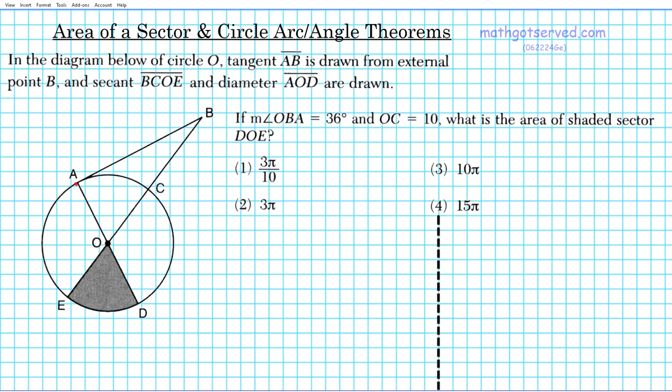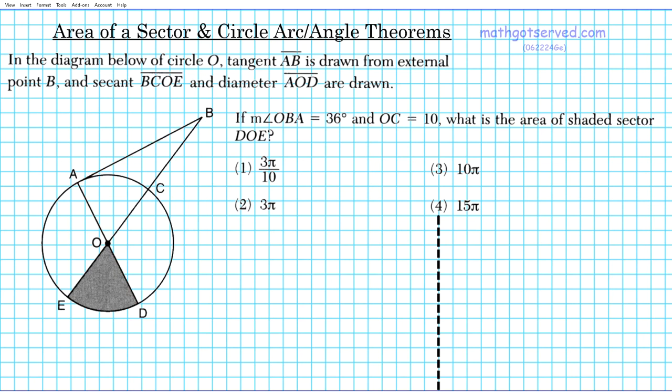Now, if you have a tangent line to a circle and another segment that goes through the point of tangency right through the center of the circle, it could be to the center or through the center. In this case, it goes through. It doesn't make a difference. Guess what? The angle formed is always 90 degrees. So this angle right here is going to be 90 degrees. Let's go ahead and note down that important point.